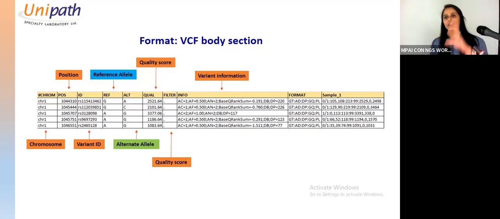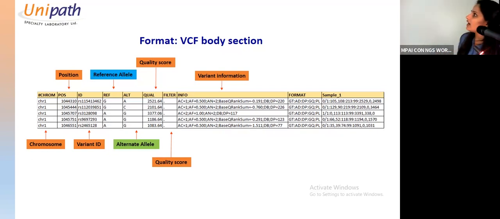That means the variant which is called has the support of how many reads? 213 reads. From that, almost half of the reads, like 105 reads, are supporting the reference genome base, and the rest are representing the alternate base, that is A. And that's why it is heterozygous.